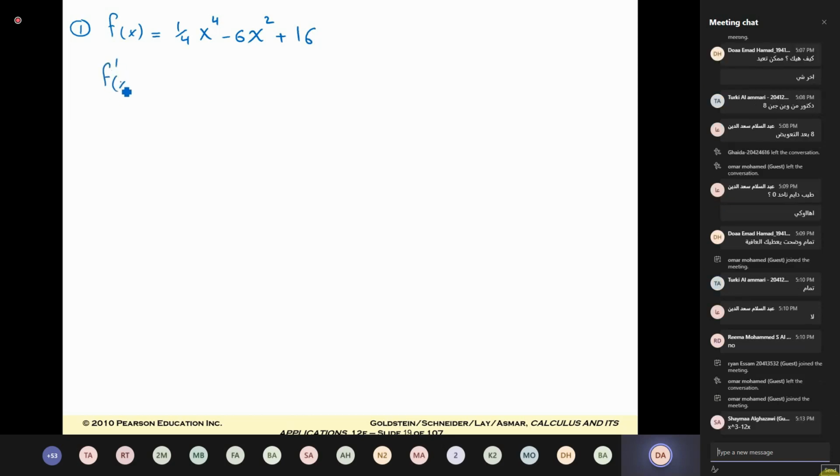Number 1, we need to find the critical point, and f of x equal 1 over 4 x to the power 4 minus 6x square plus 16. The critical point is found by f prime, we have x to the power 3 minus 12x.